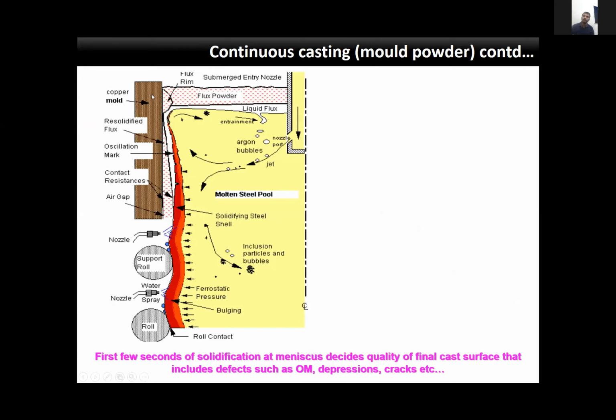You know that this is a water-cooled copper mold and it is in oscillation, and this is the liquid steel coming from the submerged entry nozzle, and there is a mold flux charged on top of the liquid steel, and that melts and forms a liquid flux which will get infiltrated between the copper mold and the steel shell, and it will provide lubrication and control the heat transfer so as to prevent any early crack formation.